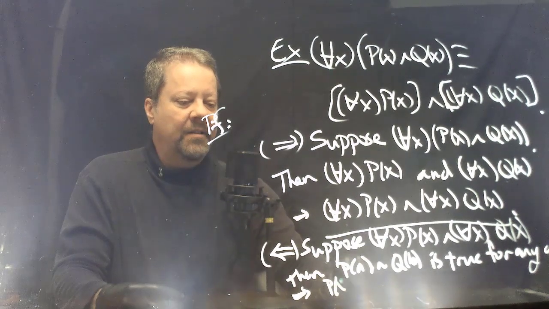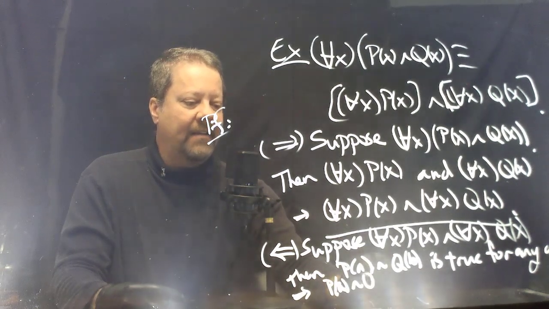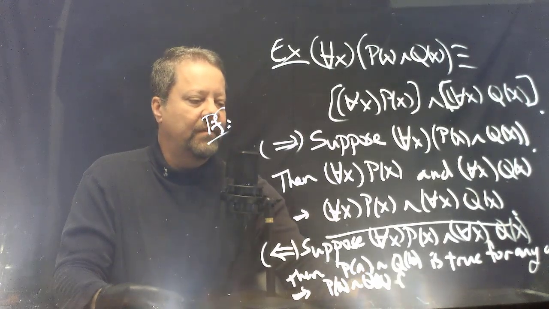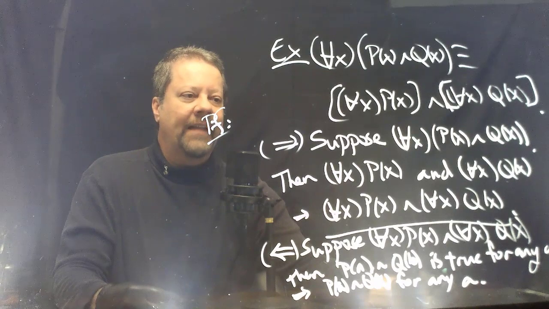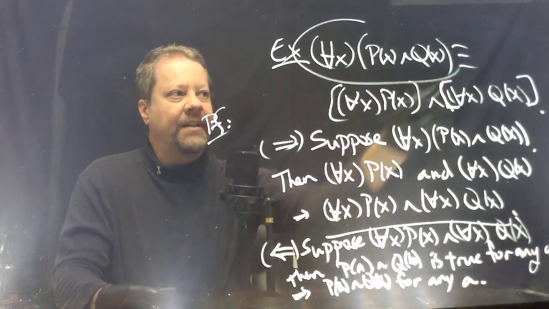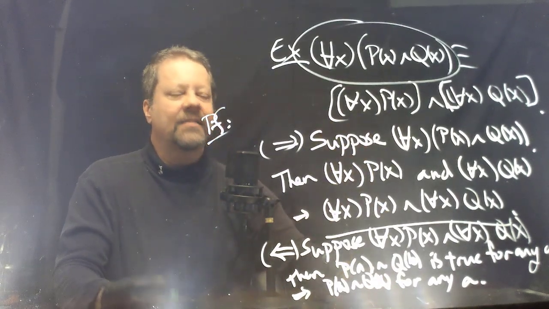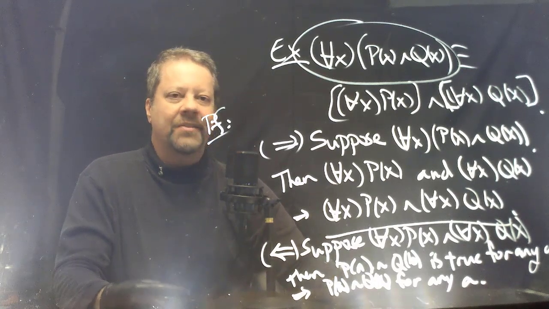That implies P of A and Q of A is true for any A. And that would be just this statement here. For any x, P of x and Q of x is true.